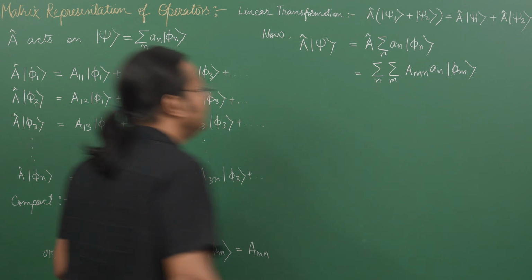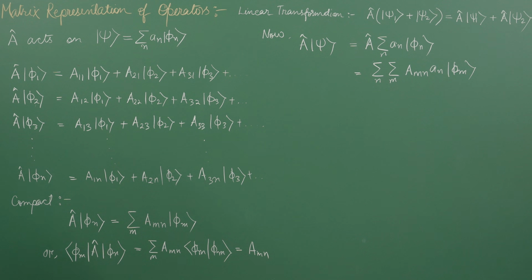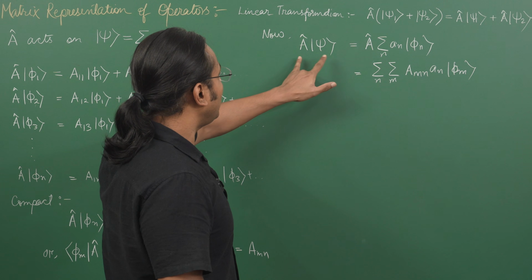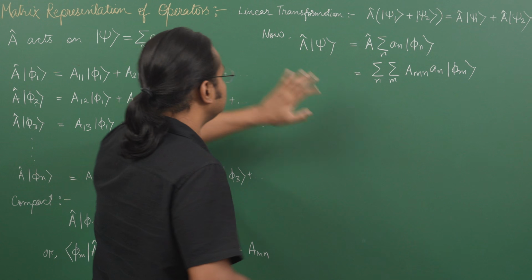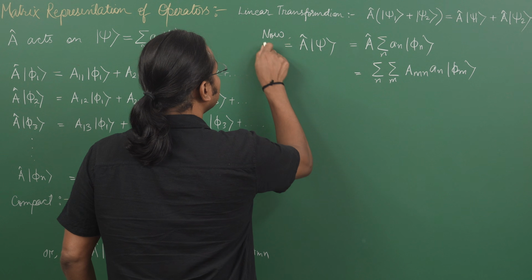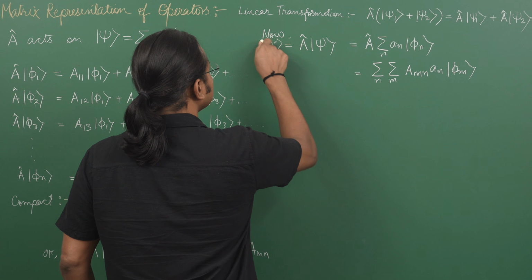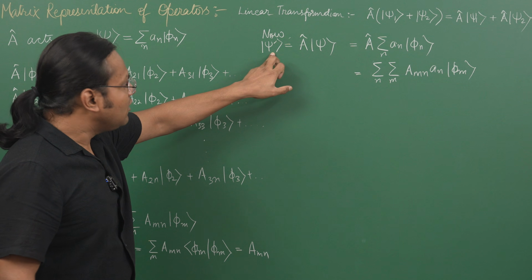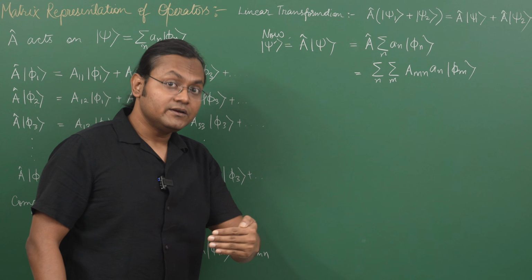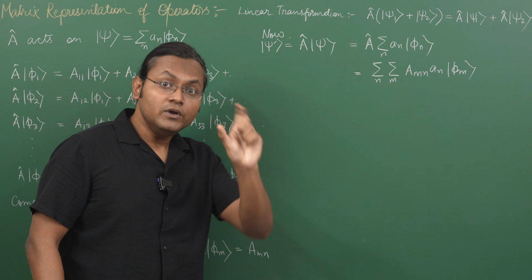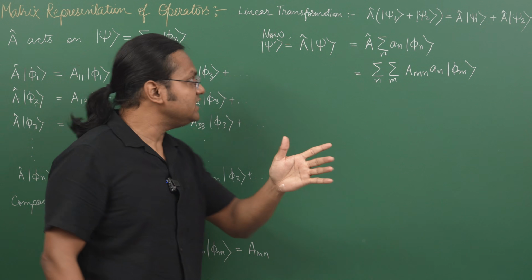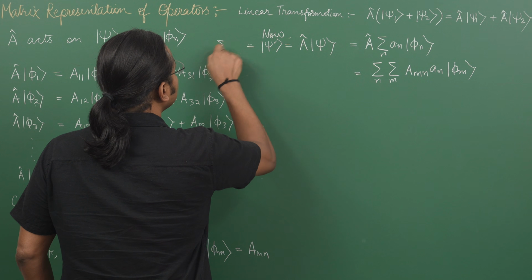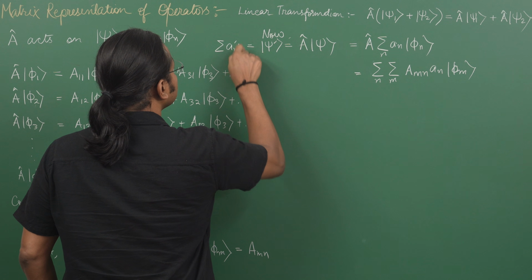All right. And this is not very difficult to understand if you notice that when an operation is performed on a state, we essentially get some kind of a new state. Let's suppose we call this psi dash. Because these states are represented as column vectors using the components, or the projections, of the vector onto the basis states, this would be written as a summation over n of a_n dash phi n.